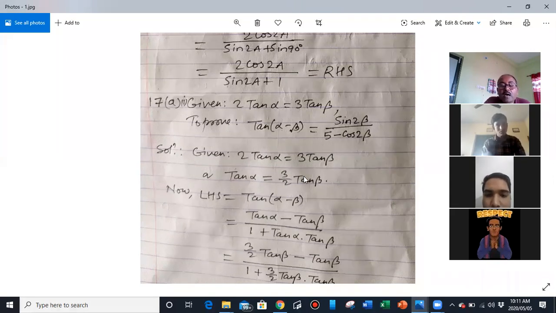Are you getting it? Yes, sir. So in place of tan alpha, we will write 3 by 2 tan beta. In the denominator also, this tan alpha is 3 by 2 tan beta. The rest are the same. Now let us go to the next page.